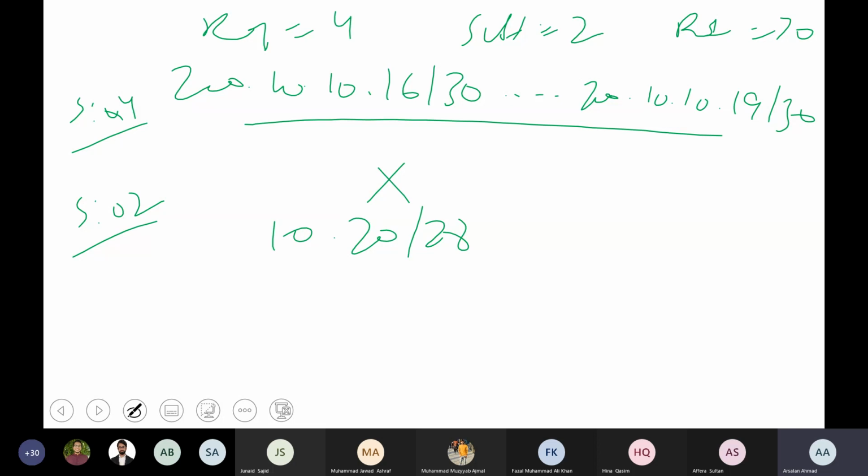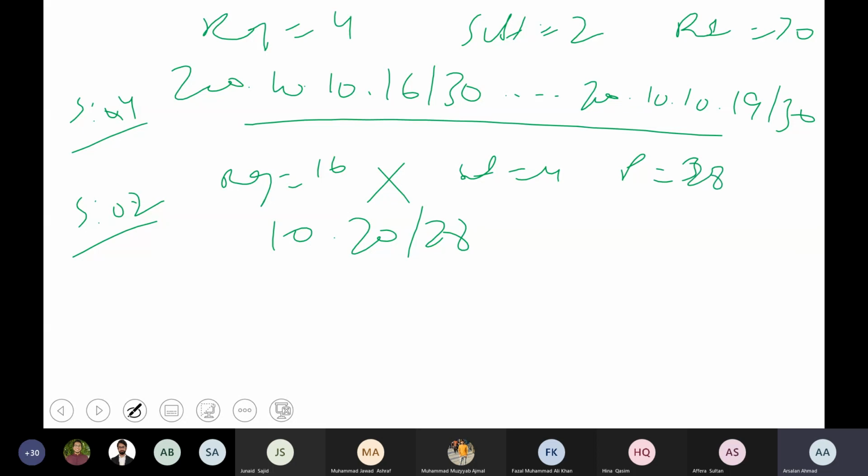You cannot do that, because the beginning address is not evenly divisible by the size of the block. For subnet 2 your requirement is 16, your suffix is 4, and your prefix is 28.